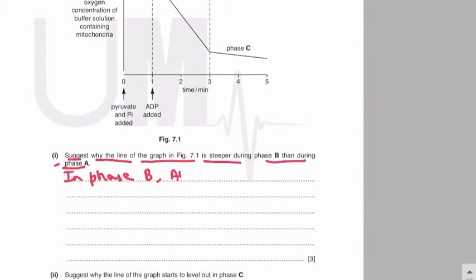In phase B, ADP are present. And ADP are required for what? ADP are required for ATP synthesis, because ADP combines with inorganic phosphate to make ATP.